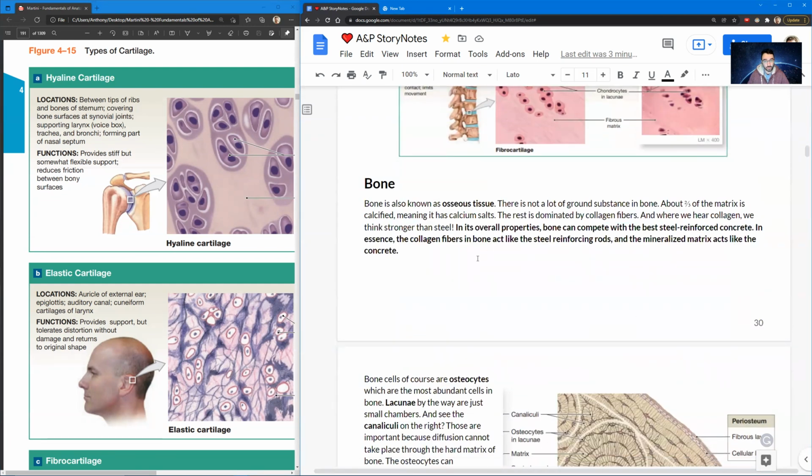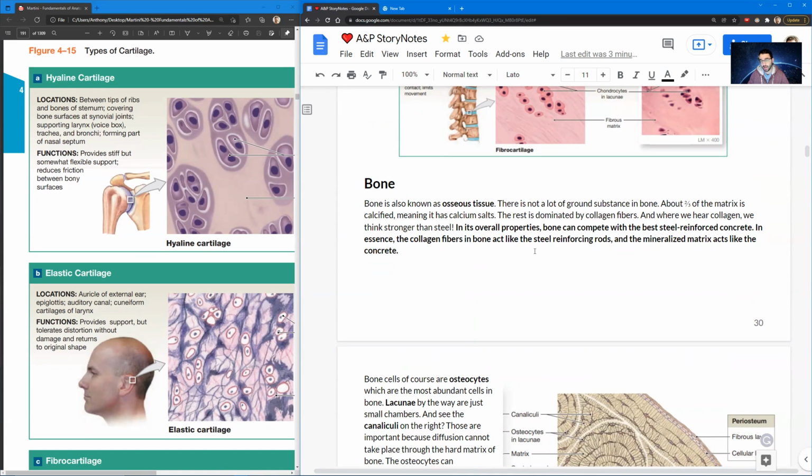So bone, which is also known as osseous. I really need to learn how to pronounce a lot of this stuff. Osseous tissue. There's not a lot of ground substance in bone, which is more of a fluid, which makes sense. About 2/3 of the matrix is calcified, meaning it has calcium salts. The rest is dominated by collagen fibers.